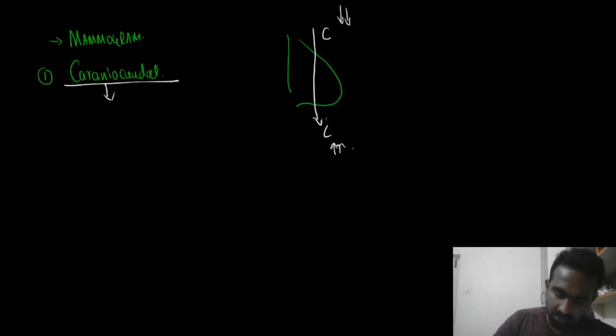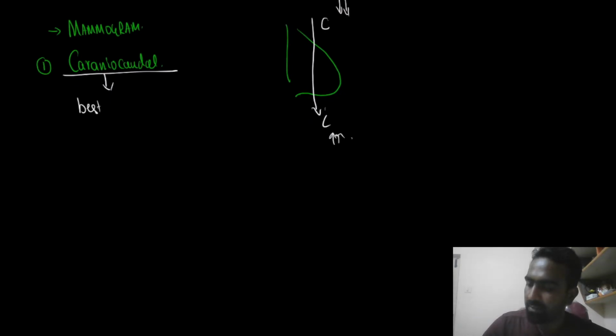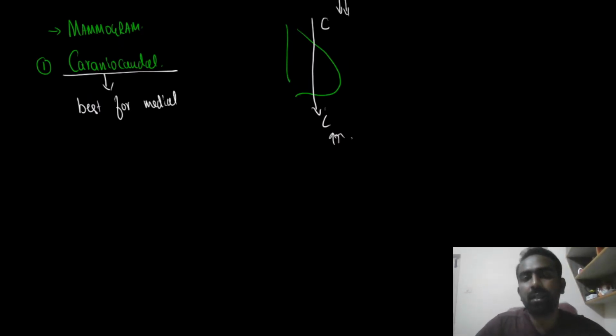It is best for the medial aspect of the breast. So the inner parts of the breast are best imaged. If any pathology is in the upper inner or lower inner part of the breast, the best view we can use is the craniocaudal view.